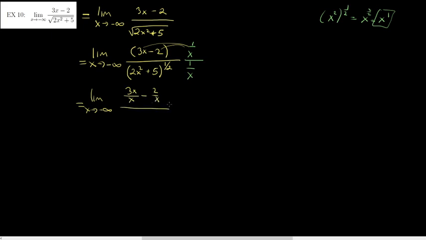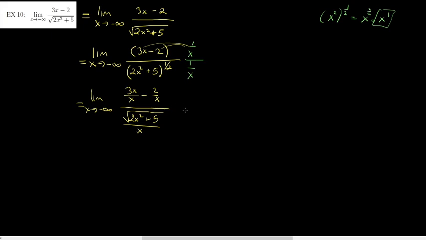Now, what about the denominator? This is going to be a little tricky. I'm going to go back to the square root here. I only wrote it as x to the 1/2 to illustrate that we're not doing x to the 2, but x to the 1 here. So I'm just going to write it this way: 2x squared plus 5 all over x.